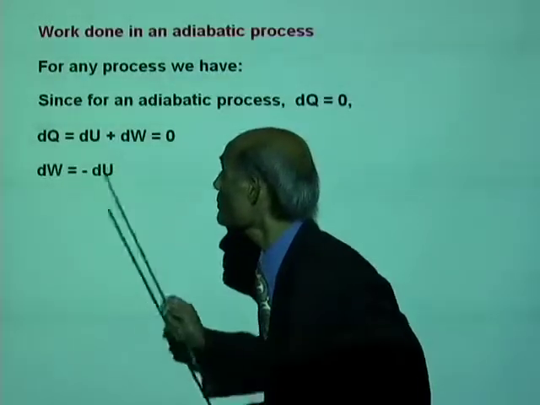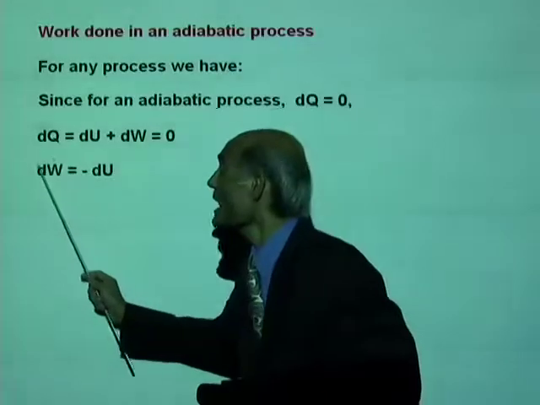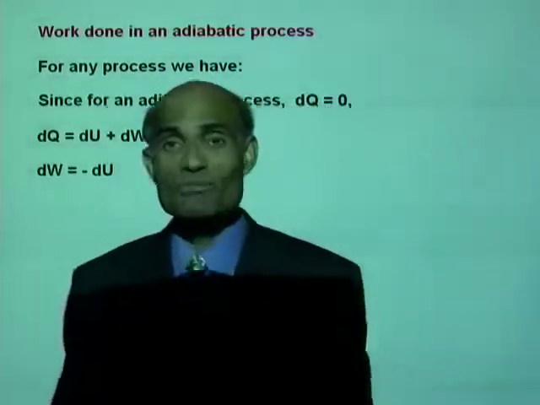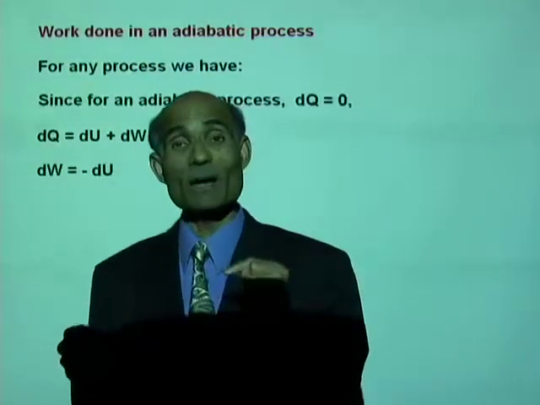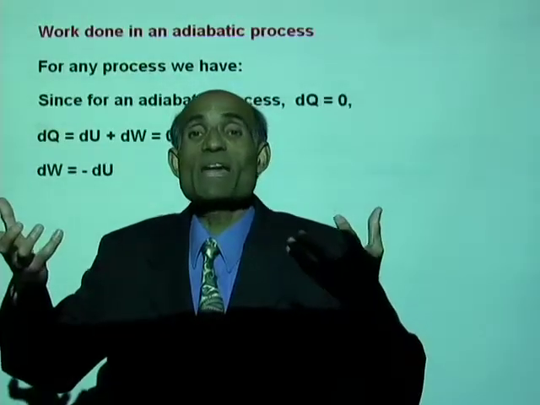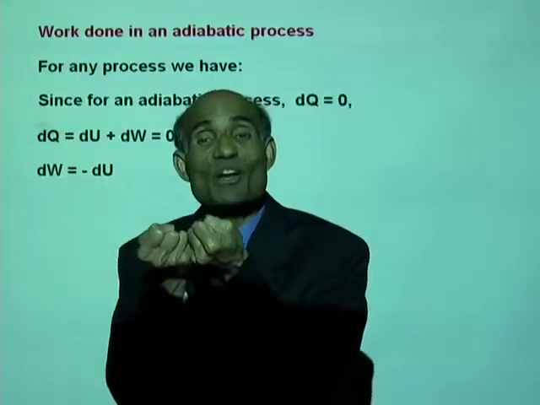Therefore, dw is negative du. Is that right? Work done in an adiabatic process is negative of du. What does that mean? This is what I explained earlier. The energy for work done in an adiabatic process is actually derived from the internal energy.